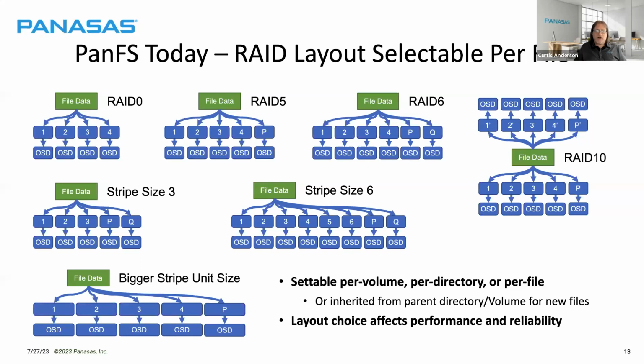You can also change the stripe unit size, so make the amount of data per OSD bigger. And that has interesting consequences for how we store, let me back up. All the little block boxes that are labeled 1 are the first stripe unit.